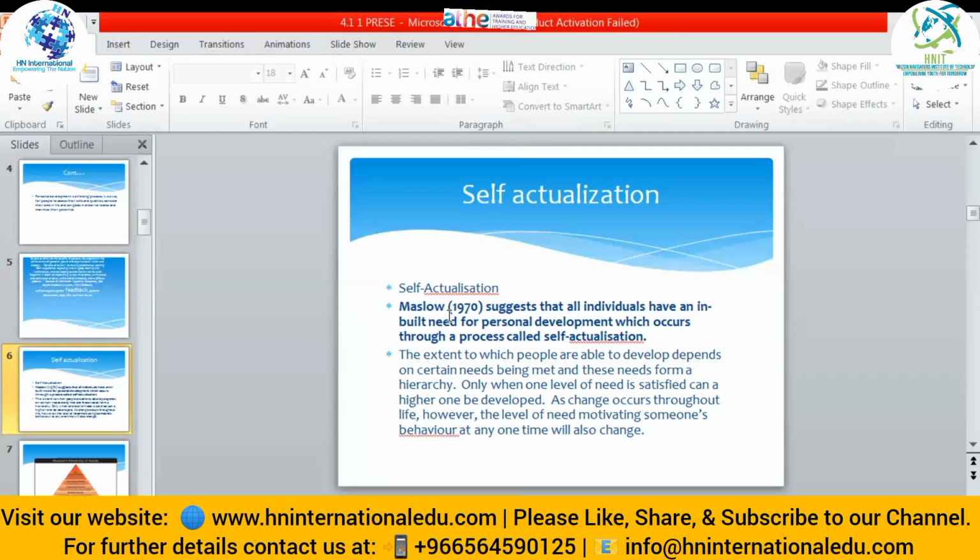The extent to which people are able to develop depends on certain needs being met. And these needs form a hierarchy that we will be looking at in the next slide. Only when one level of need is satisfied can a higher one be developed. As change occurs throughout life, however, the level of need motivating someone's behavior at any time will also change.